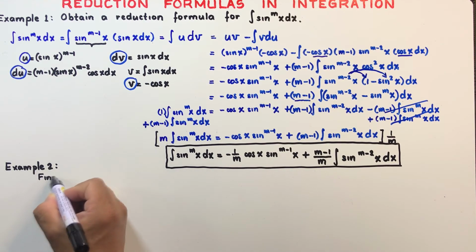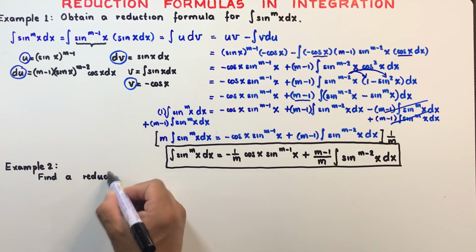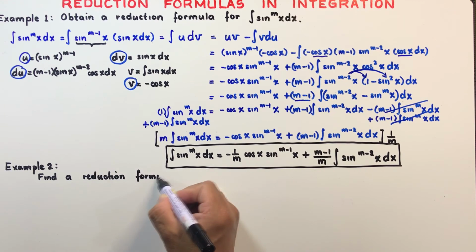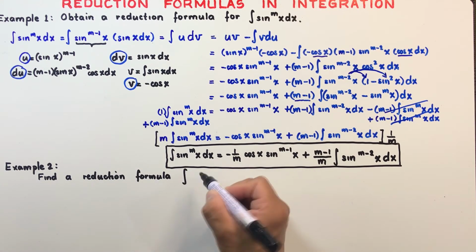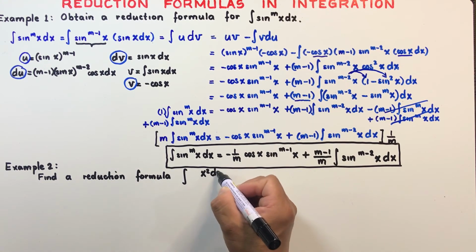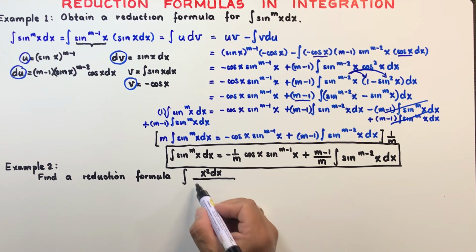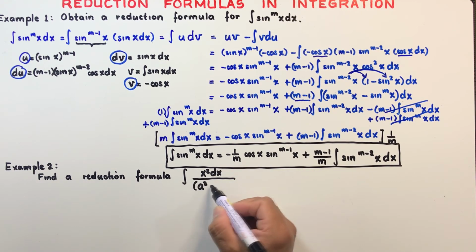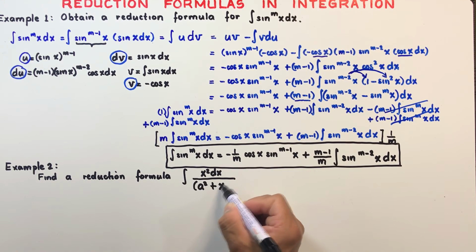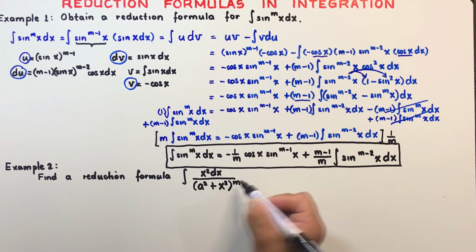We have to find the reduction formula for the integral of x squared dx over the quantity a squared plus x squared to the power m here.